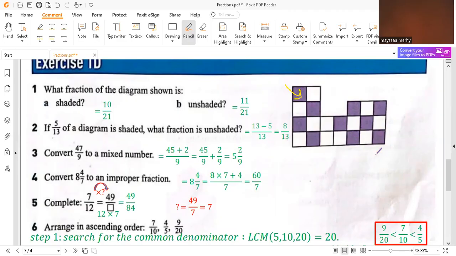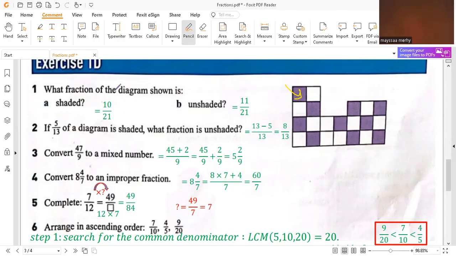So we have 10 shaded squares, but the whole shape consists of 21 identical squares.